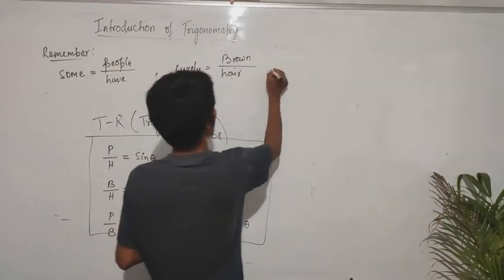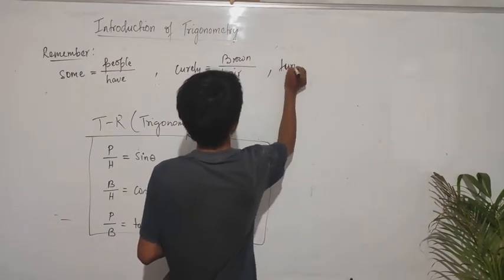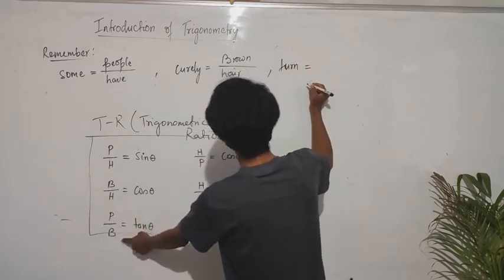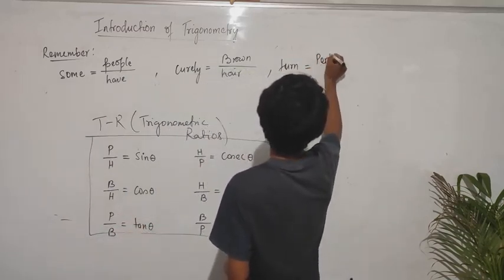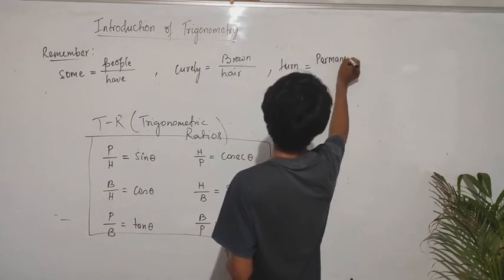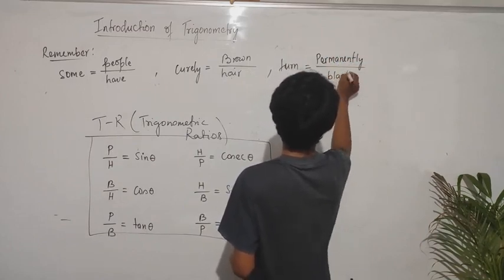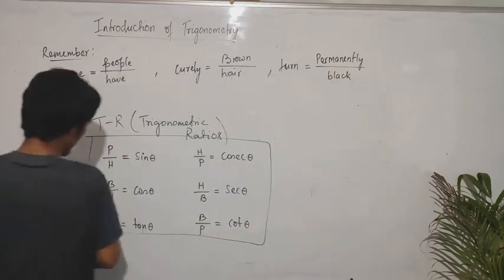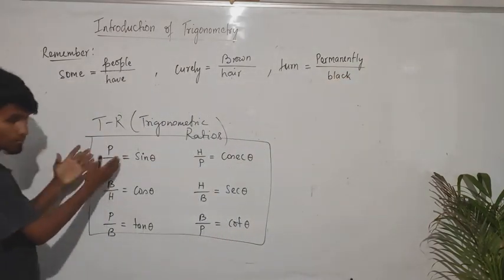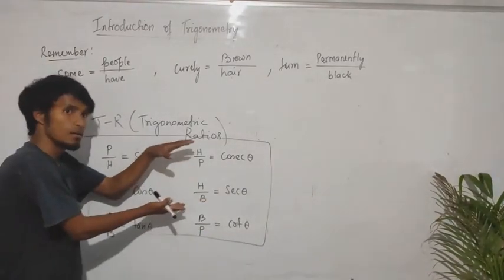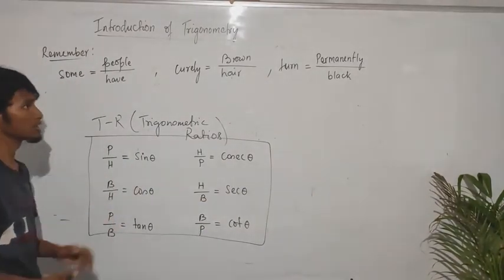Then this one, tan: turn, this time, turn permanently black. Now this is for remembering the formula. At least remember these three, then the others will come automatically because they are just the reciprocals of these three.